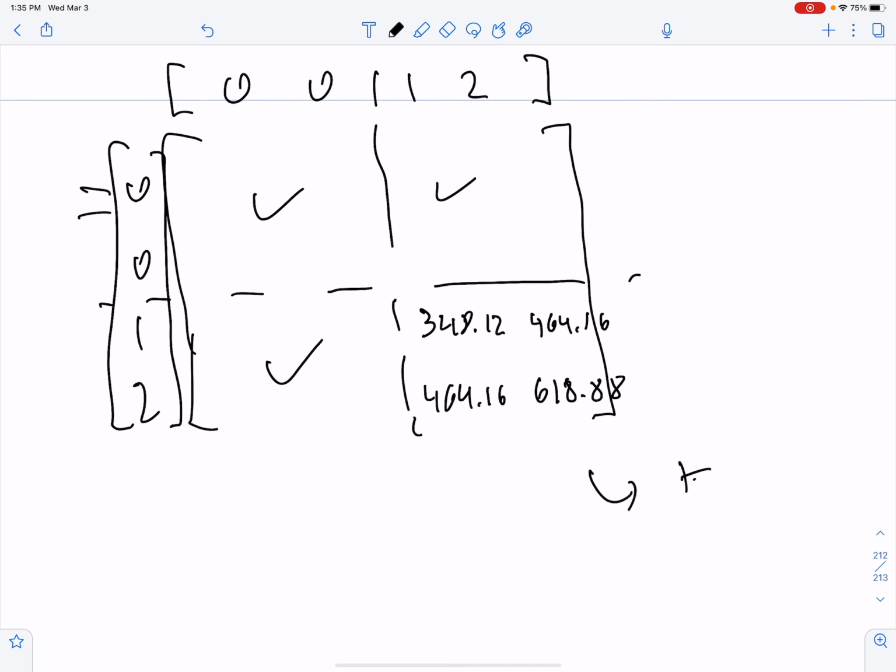All these units are in kilopounds per inch. Just make sure your units are consistent. Good. All right, so let's go to element B.